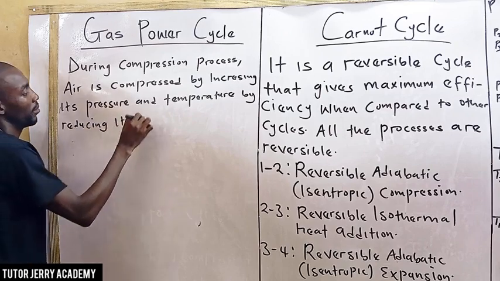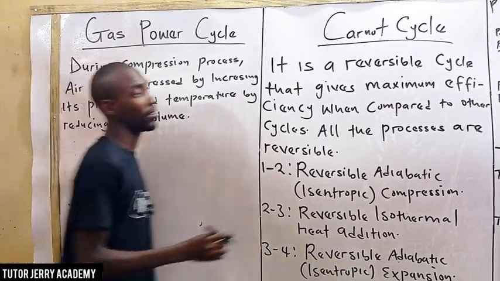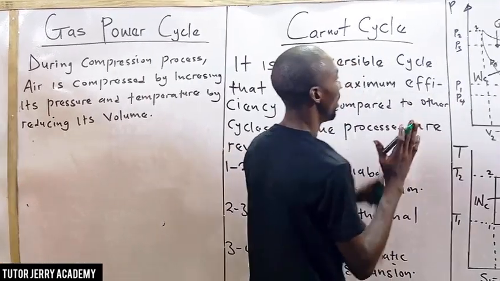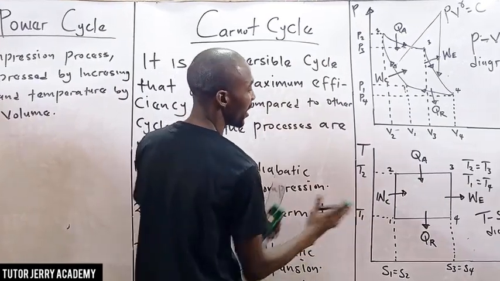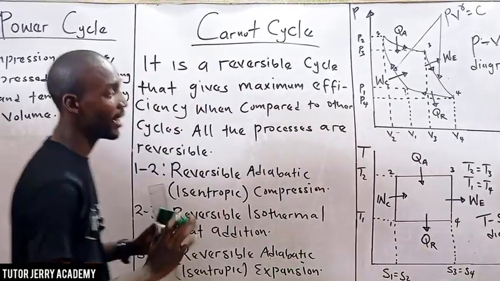So I believe this point is clear. Because during the compression process, you observe that pressure increases on the PV diagram, and on the TS diagram, temperature increases, but the volume reduces. Is that clear? All right.